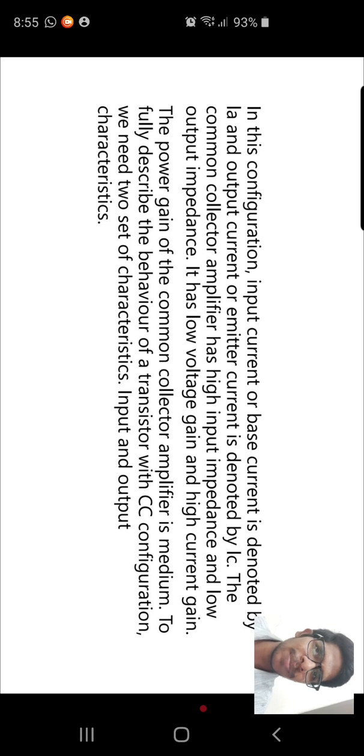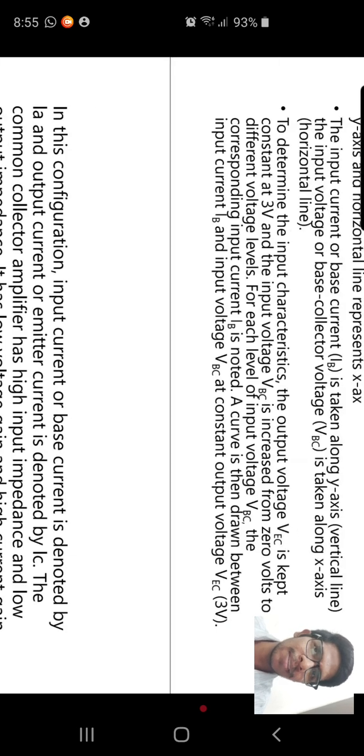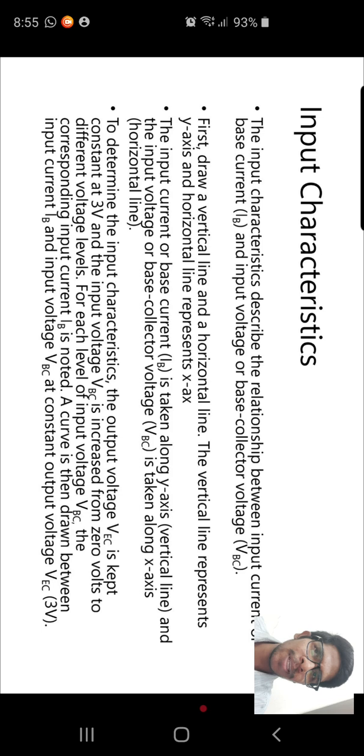We need to study the characteristics: input characteristics and output characteristics. Let us discuss about input characteristics. Input characteristics describe the relation between input current, base current IB, and input voltage, base voltage VBC. First, draw a vertical line and a horizontal line. The vertical line represents the y-axis and the horizontal line represents the x-axis. Input current IB is taken along the y-axis and input voltage VBC is taken along the x-axis.